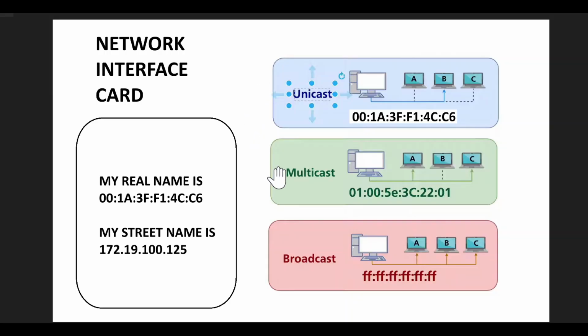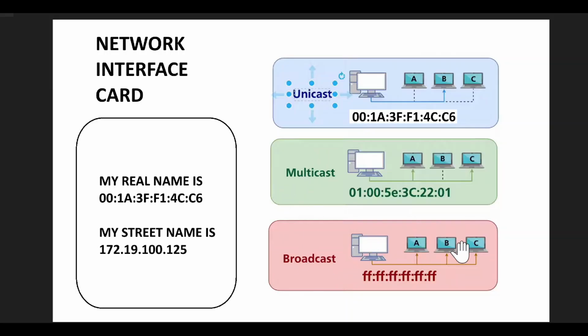Although the third one, which we're going to call multicast, it is optional whether you pay attention to it or not. And I'll go into that in a little bit. But basically, it's a way of communicating with a bunch of other computers at the same time without being obnoxious about it, like the broadcast is.